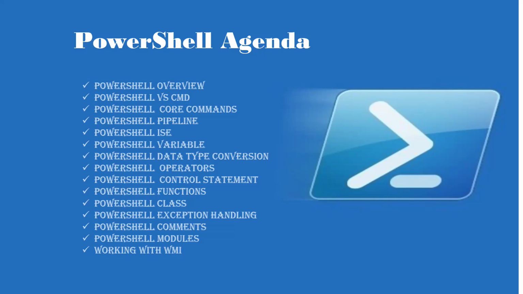And we have modules. So we will learn modules like Posh-RSJob, Excel module, PDF module, and other modules as well. We have Posh-SSH. The Posh-SSH module is used to run Linux commands on a remote machine.